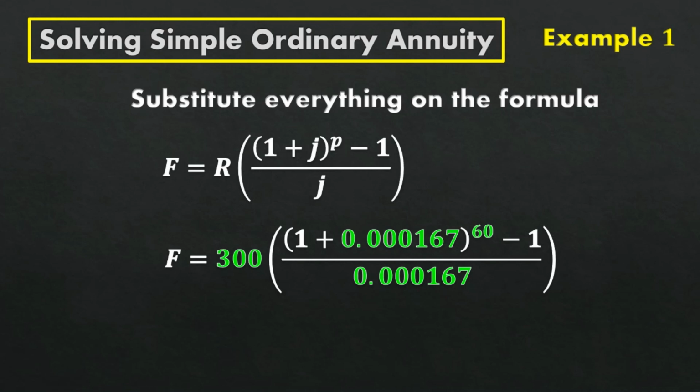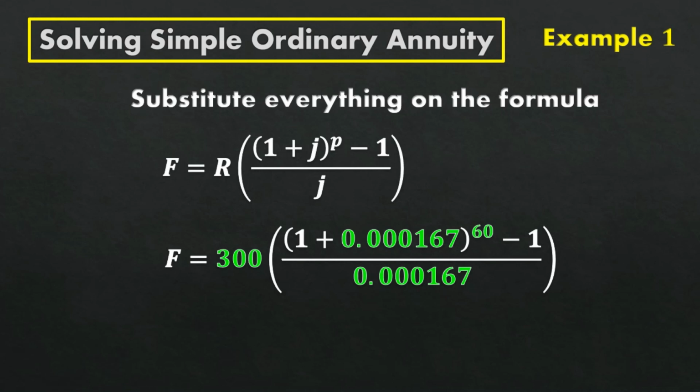And to mind you guys, yung 60 is exponent, hindi siya multiplied by 60. Some of you tend to multiply 60 to the 1 plus 0.000167, which is in fact that will be a wrong solution because 60 is an exponent.